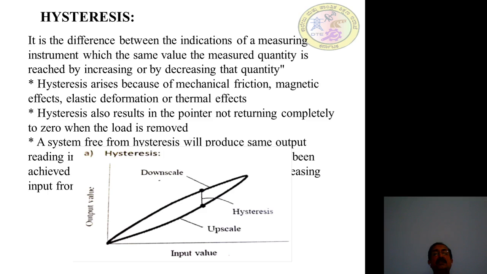After switching off the current, the pointer should come to 0. Suppose it stops somewhere in between, then the instrument will not give the correct reading. That means the pointer should come to 0 when the load is removed. A system free from hysteresis will produce the same output reading.